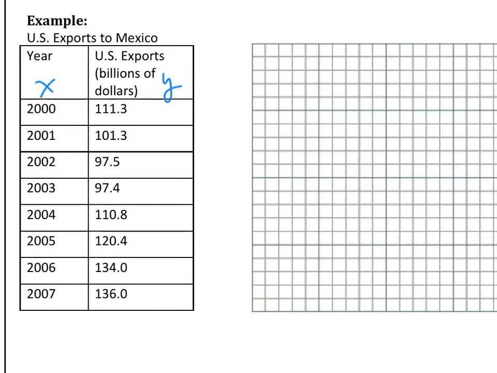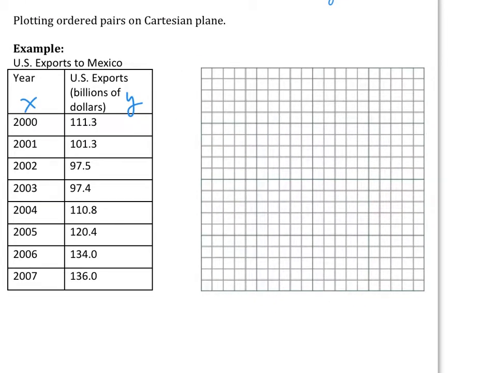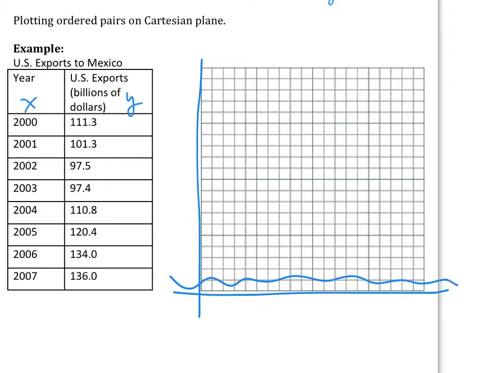All right, everybody, let's come back. We are going to graph this. Since the lowest number of our exports is 97, we're going to draw a squiggly line that represents that I just jumped from 0 to whatever number I want. So let's say that I start at 90, that way it's closer to my smallest number. And then let's say that I go up every 10 billion.